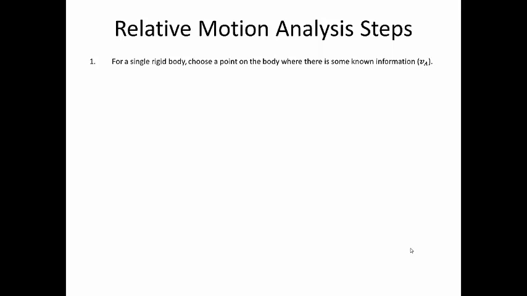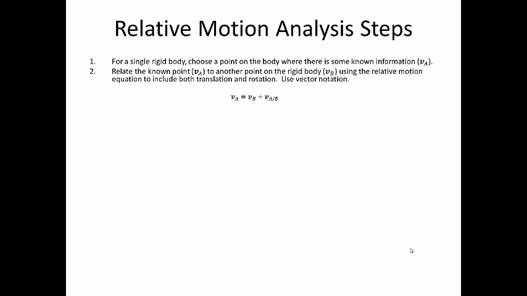In this case, let's say the velocity at A. Second, we relate the known point, the velocity at A, to another point on the rigid body, for example, the velocity at B, using the relative motion equation to include both the translation and rotation, and we'll use vector notation to do this. So the velocity vector at A is equal to the velocity at B plus the velocity of A from the perspective of B. Note that the velocity of A from the perspective of B is the rotation, and the velocity of B is the translation.